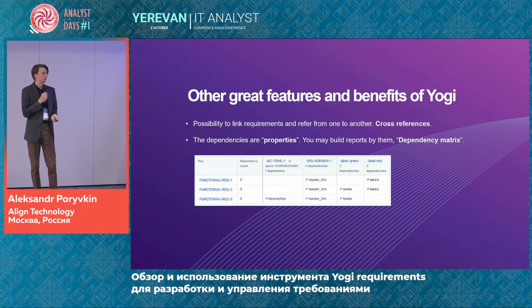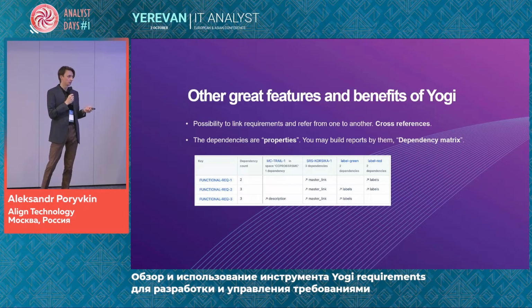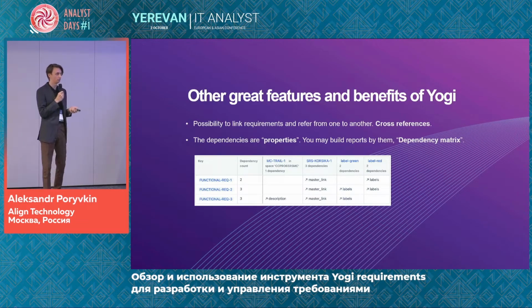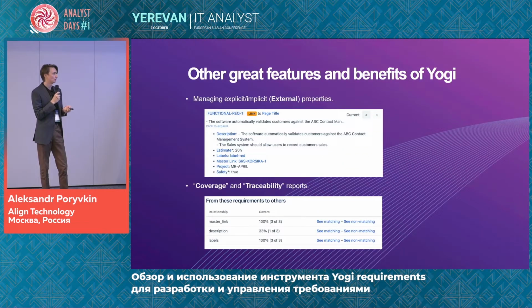And how it should be taken into account in these requirements. The dependencies are also properties. You may build reports called dependency matrix, and you can generate a table and monitor how requirements are interlinked and how they affect one another.